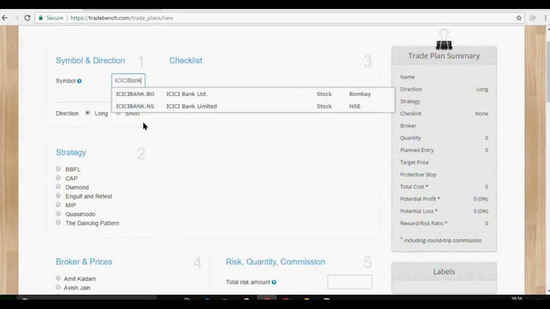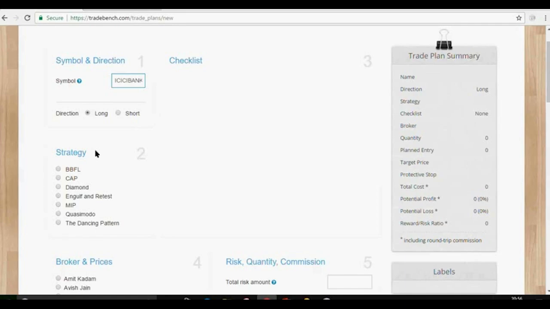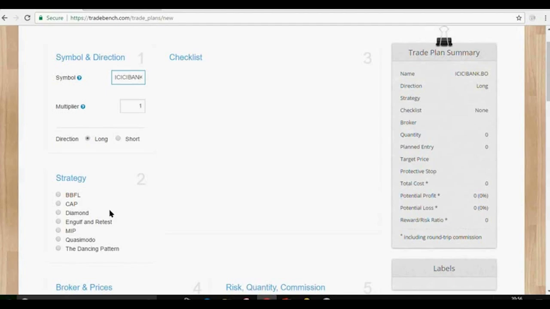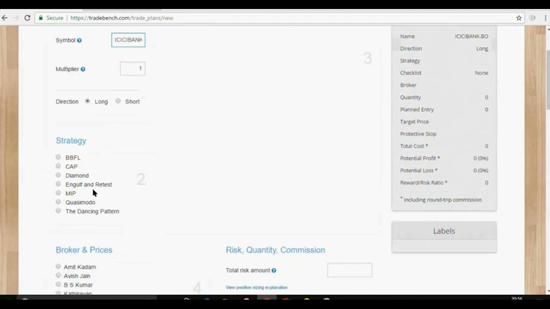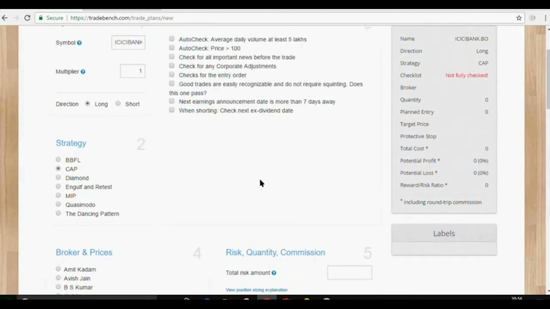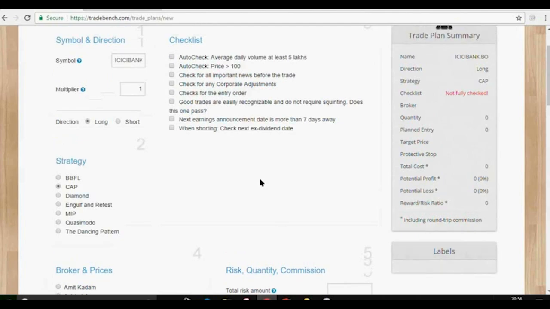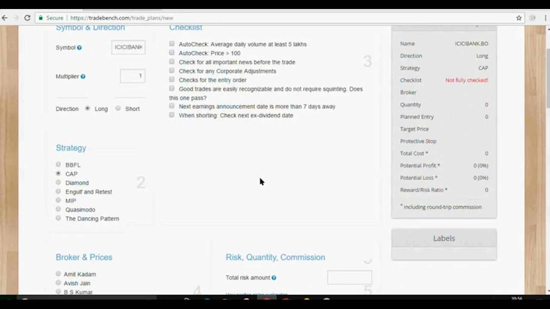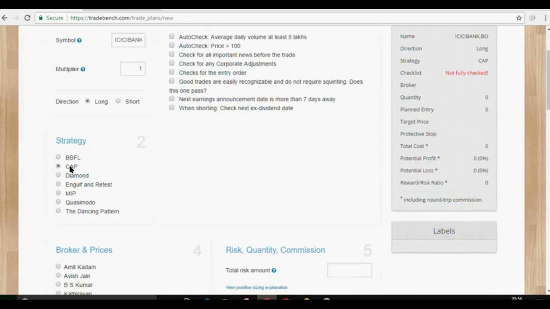If I open up any of the trade plans, because I have already configured, as you can see, I have several strategies for me. I have a BBFL strategy, a cap strategy, a diamond strategy, an engulf and retest strategy, a MIP strategy, a Quasimodo strategy, and a dancing pattern strategy. So understand why I'm showing you this. Whenever I am trading, only these things.